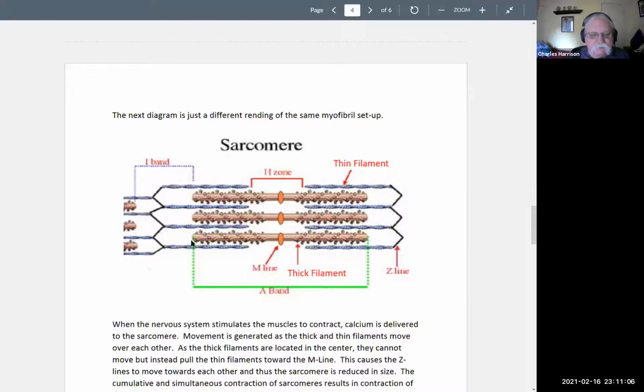The A band goes from the end of the thick filament to the end of the thick filament. The I band goes from thin filament to thin filament and straddles the Z line.